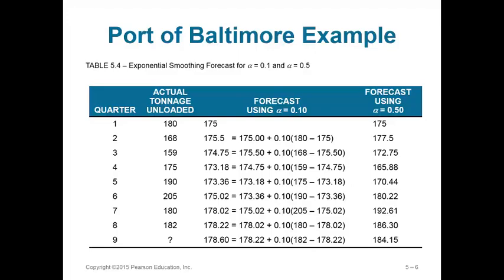So let's take a look at one way to do that. And so let's use, in this forecast method here, we will have 175 is the forecast for quarter one. You actually had 180 in sales.